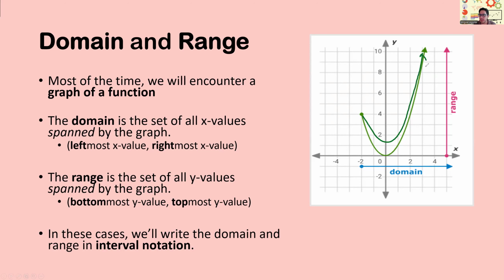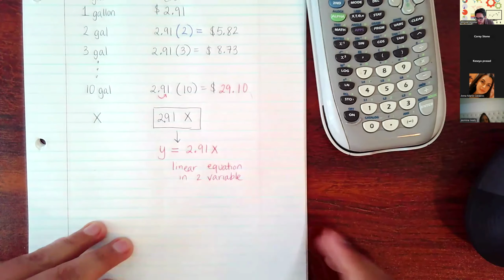I'm sure you know the words coming out of my mouth, but maybe it's not clicking. So I want to switch over to my document camera and draw a little picture so that we can get what Mr. Aguilar is talking about here.